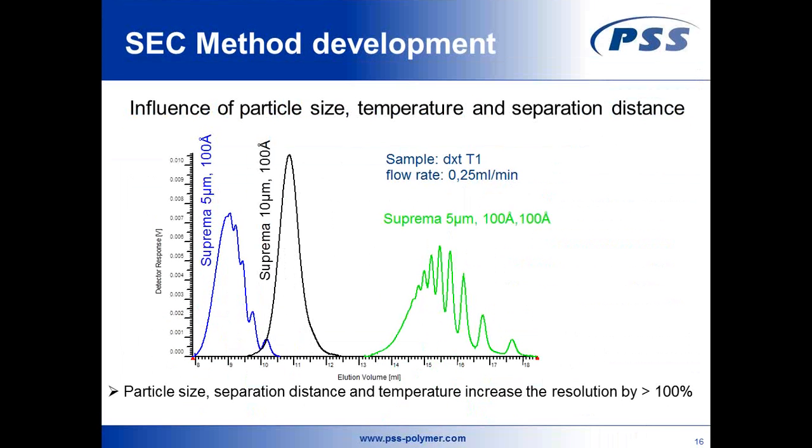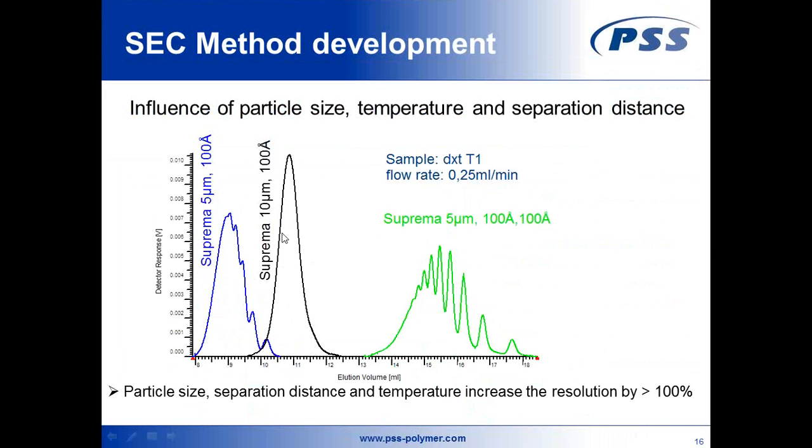The third point to improve your resolution is not only improving the particle size and adding a second column, but also reducing the flow rate and maybe even increasing the temperature. This is shown here, not for a protein sample because you wouldn't see it that nicely, but for a dextran and a sugar sample.